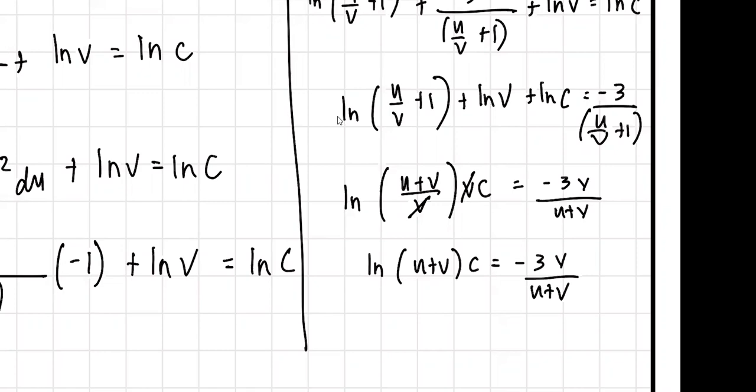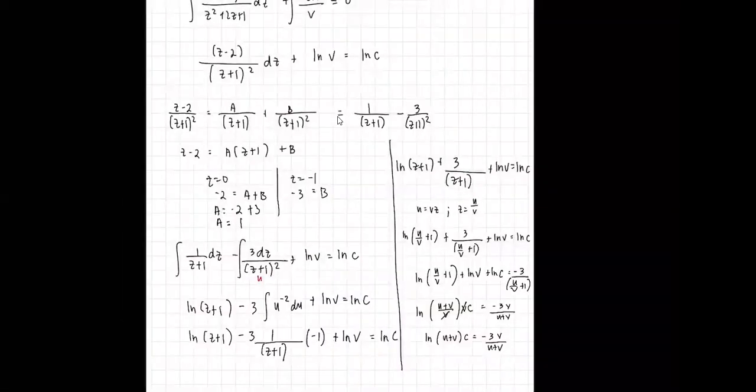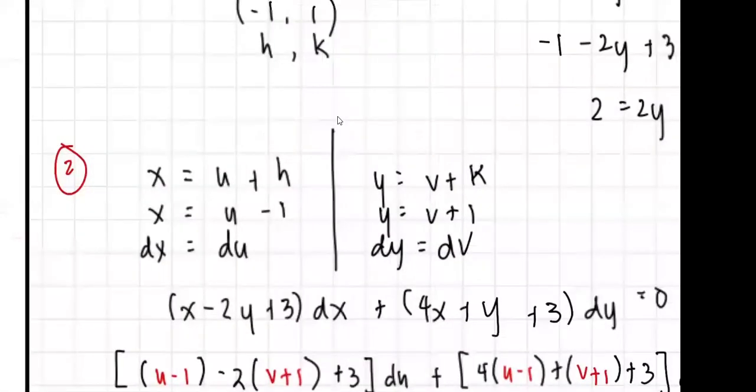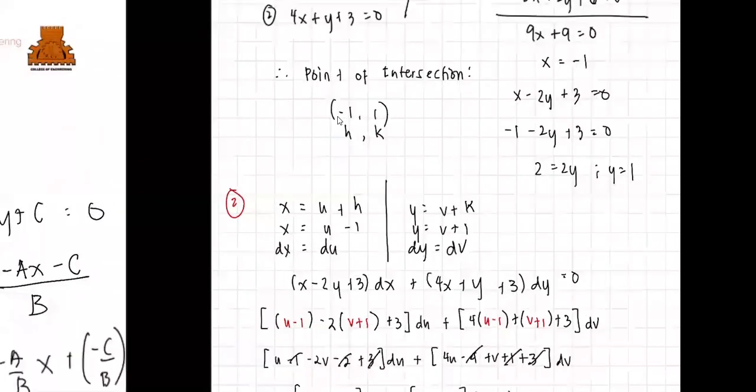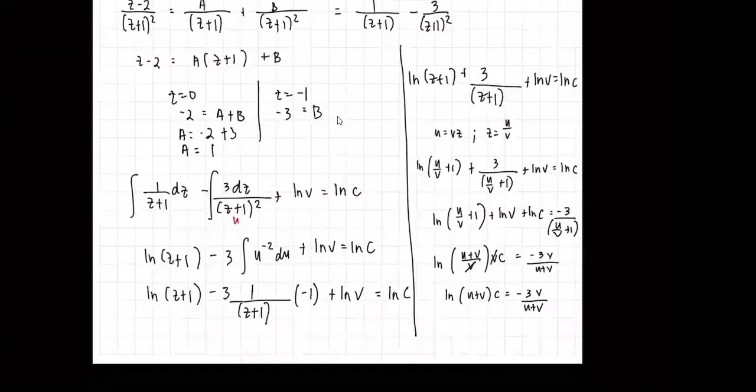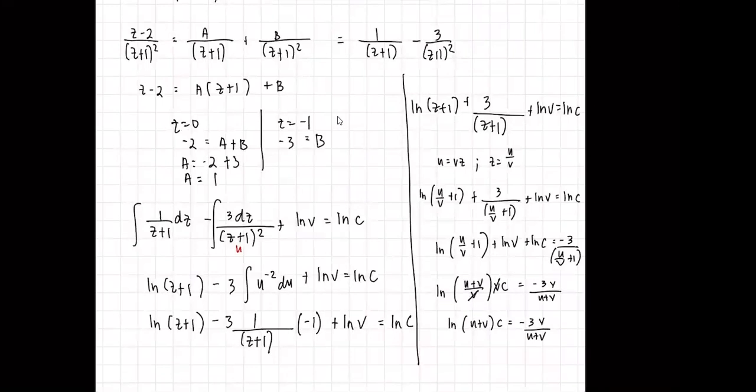Pero hindi pa din dyan tapos kasi nag-substitute tayo nung first transformation natin. Ito yung first transformation natin, no? Na ang x natin is u minus 1 and y natin is v plus 1. Okay? So, kunin natin yon.